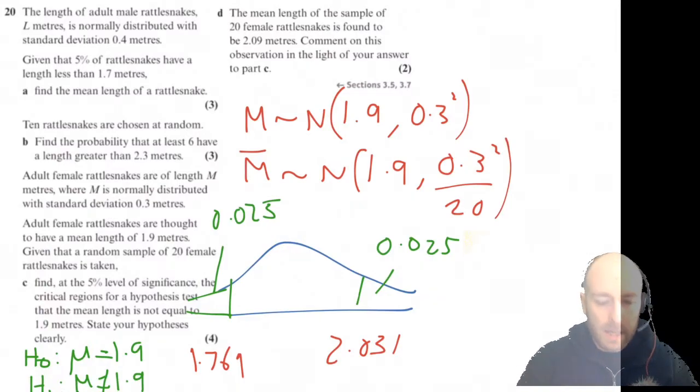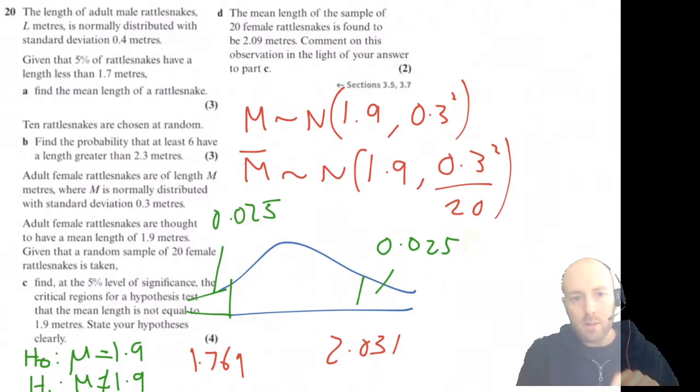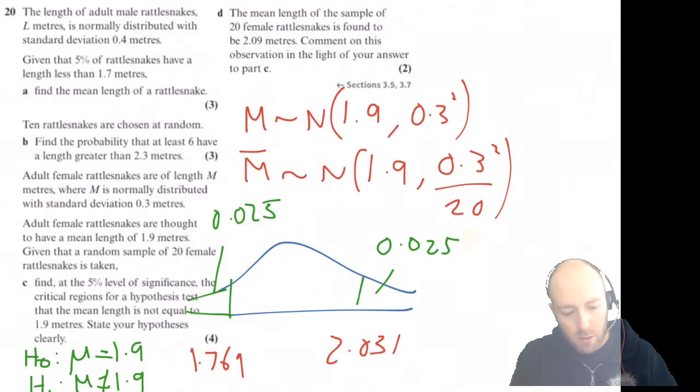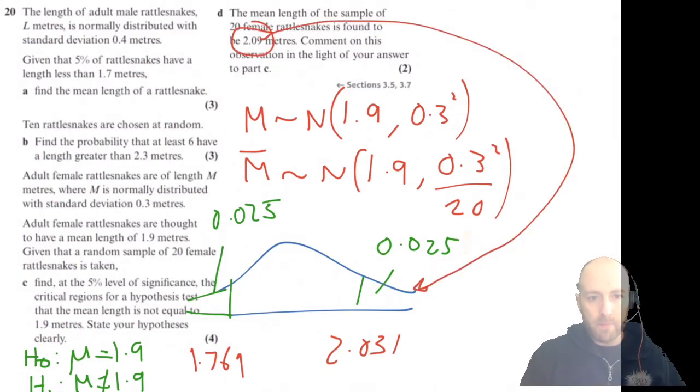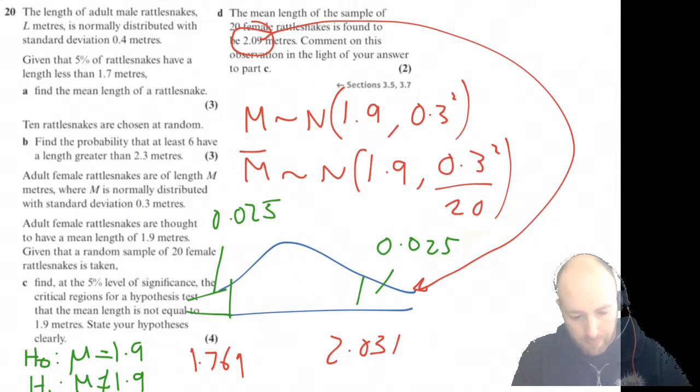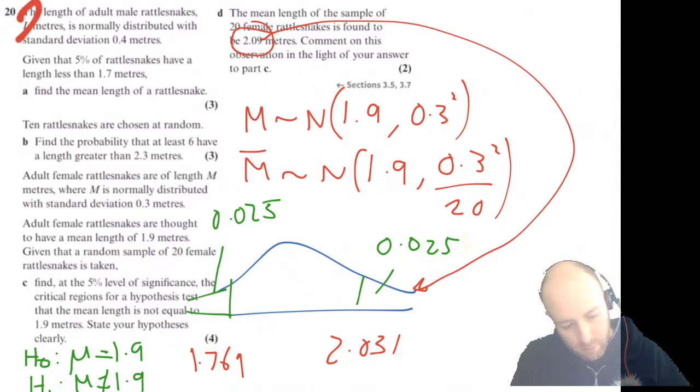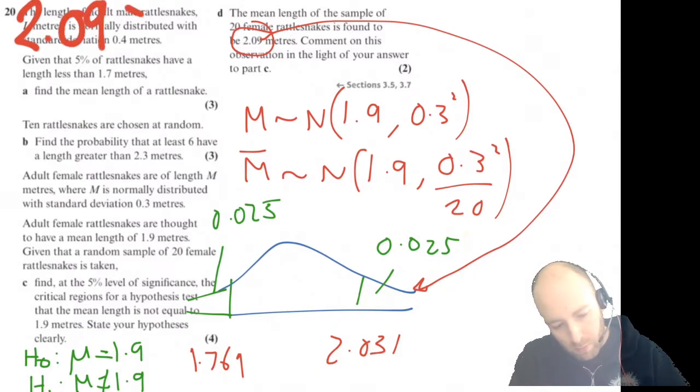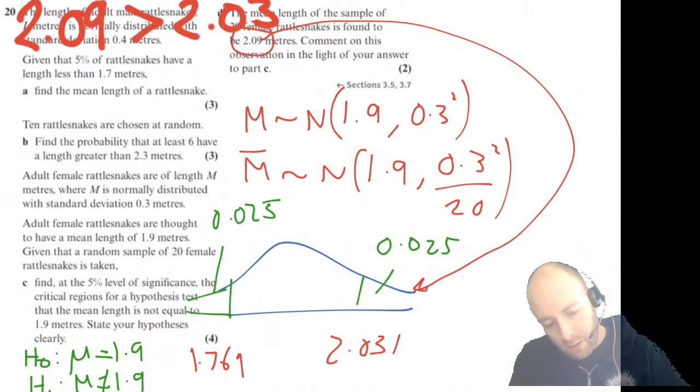Okay, so is our value critical or not? So 2.09, yes, is critical because this one is 2.03. So 2.09 would be in there somewhere. So we can say 2.09 is greater than 2.031, therefore critical.